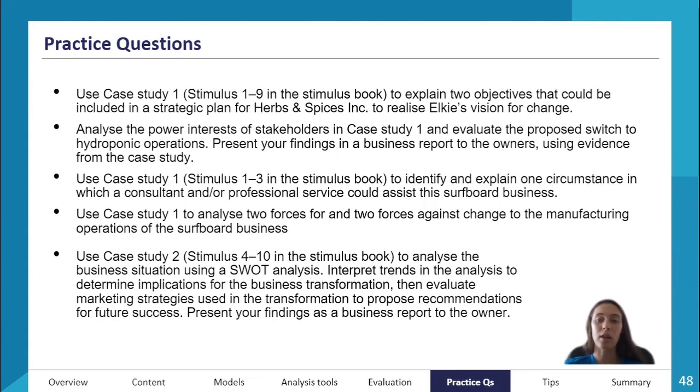You've got things that are combining together. So you need to understand multiple things for multiple questions. And then the last one, using a SWOT analysis. You're interpreting trends and writing that business report kind of extract with looking at marketing strategies in this one and proposing some recommendations.